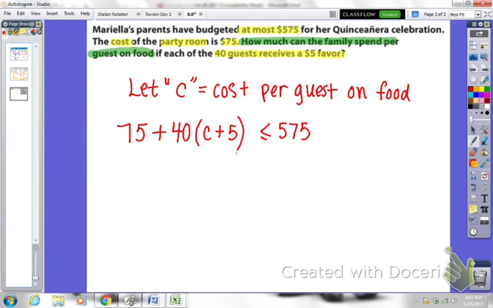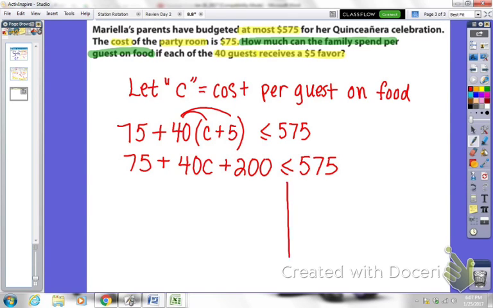So you can set it up like this. Distribute the 40. So 75 for the party room. 40C represents the amount of food for each of the 40 guests. And 40 times 5 gives you 200, which is spent on the party favors. And that has to be smaller than or equal to 575.